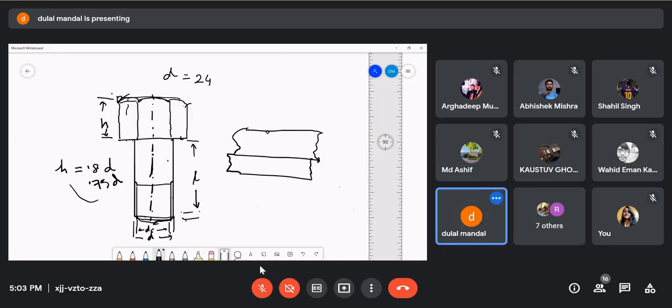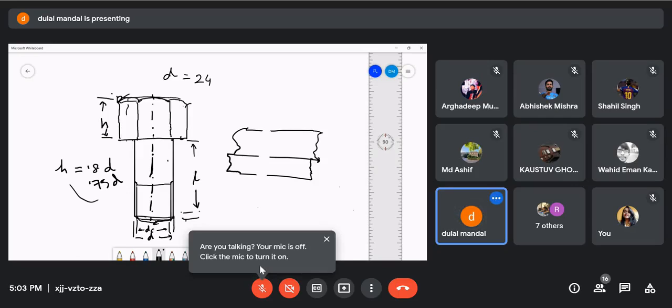So first, you make a drill hole through this.